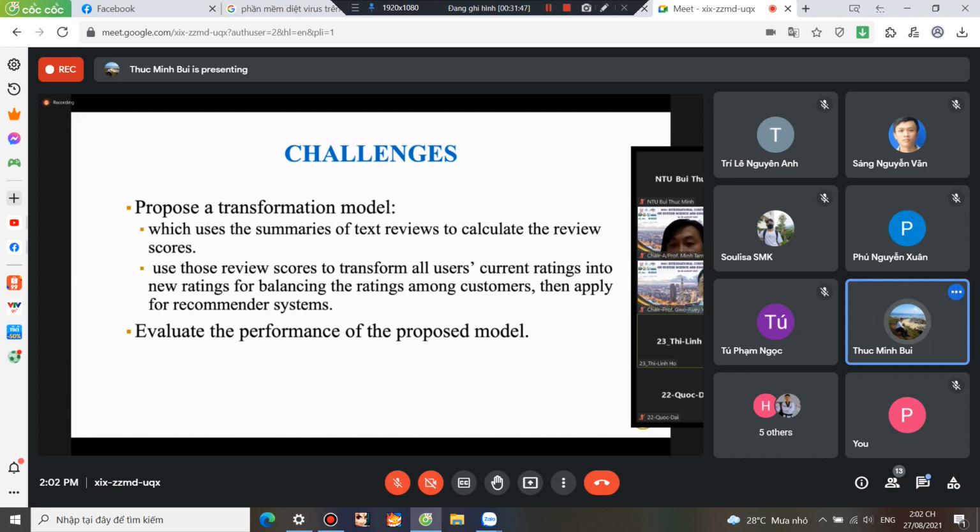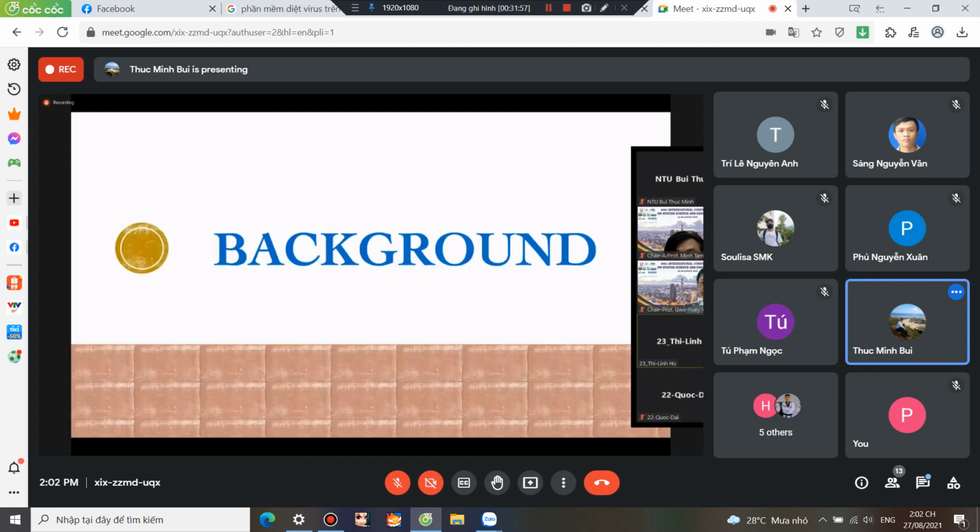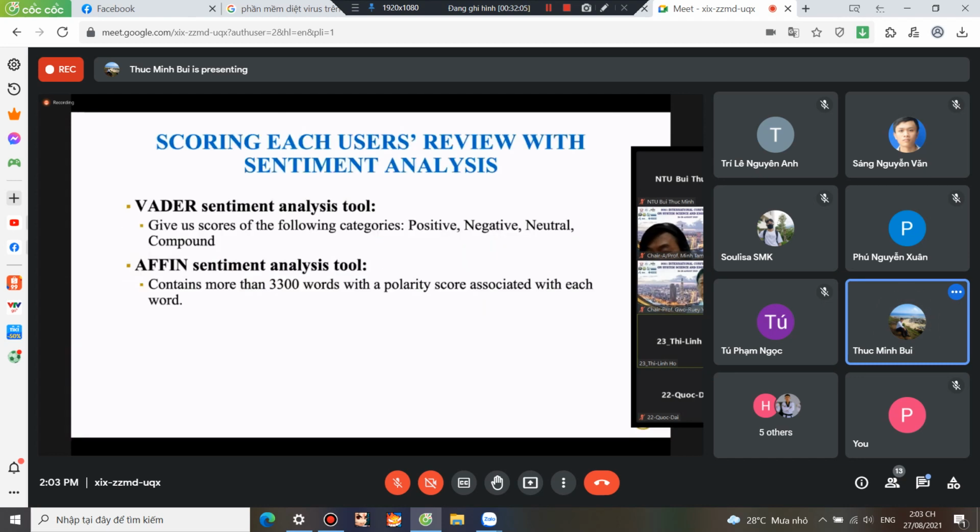Second, we need to evaluate the performance of the model. Continue. You can see the basic theory of recommender systems.